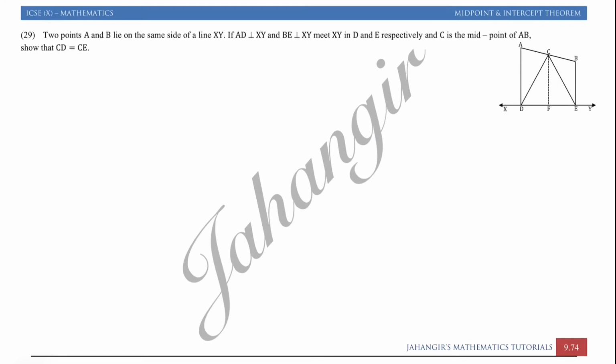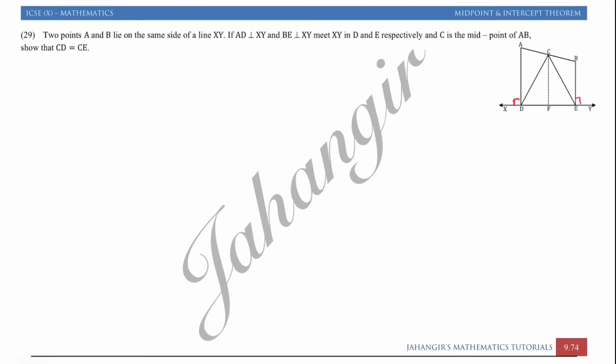Question 29. Two points A and B lie on the same side of XY. AD is perpendicular to XY, BE is perpendicular to XY, meeting XY at D and E respectively, and C is the midpoint of AB.